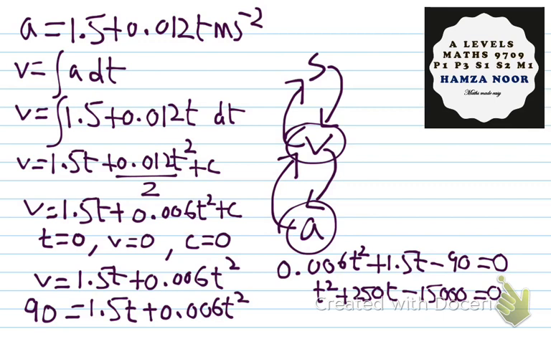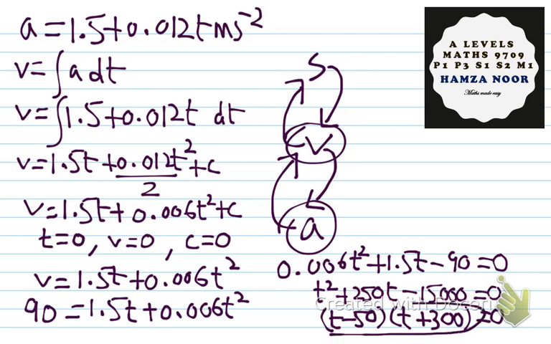Now all you need to do is solve this quadratic equation and you will get t minus 50 multiplied by t plus 300 equals 0. Always remember, if you are solving a quadratic equation in your Casio or whatever scientific calculator you are using, you need to enter these factors over here.